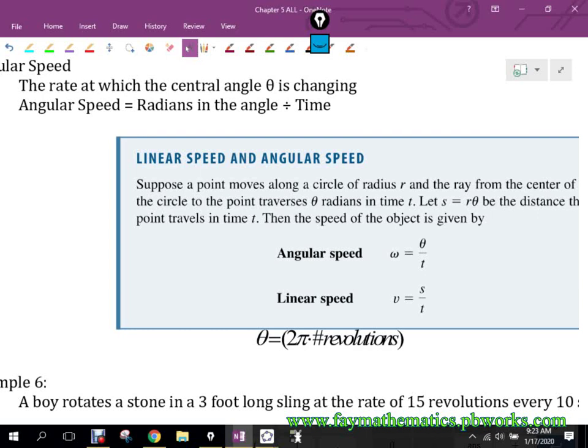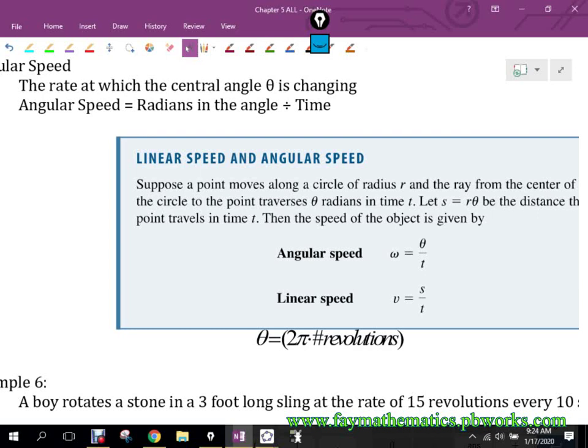So let's start with this real quick. When we say linear velocity, linear speed is just the number. So let's say that I'm rotating this thing at 19 miles per hour. Then 19 miles per hour would be a scalar, because I have no direction with it. But this thing's moving at 19 miles per hour.